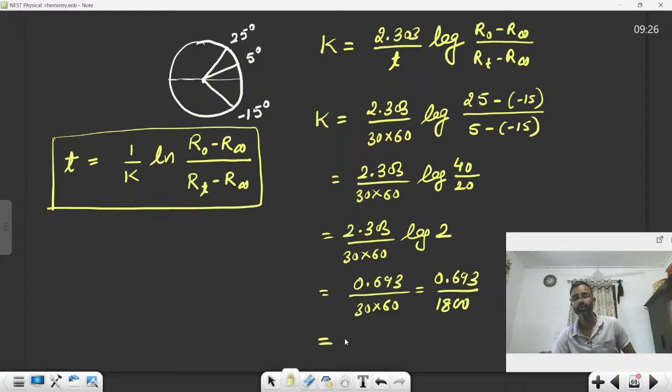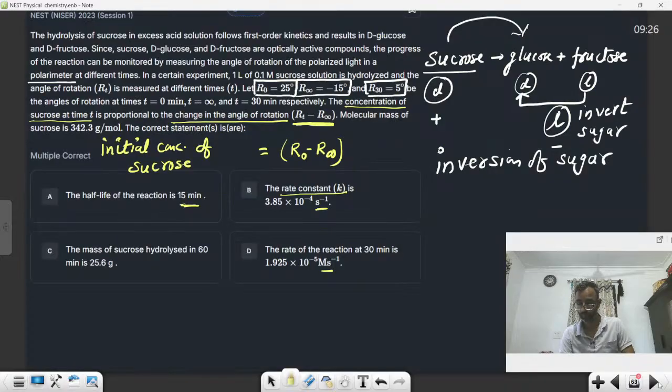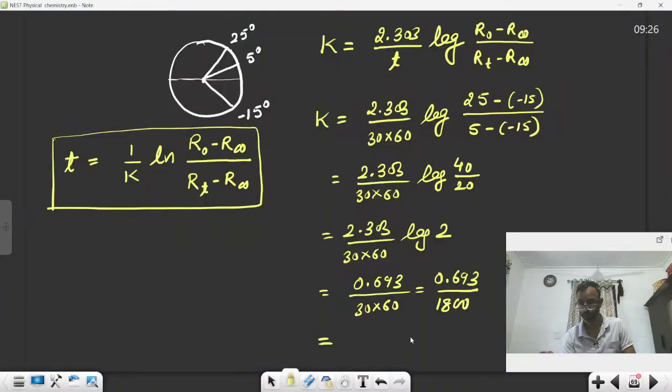So what is the value? Rate constant in terms of 10 raised to power minus 4. So it becomes 69.3 by 18. 18 threes are 54, 15 left, 153.